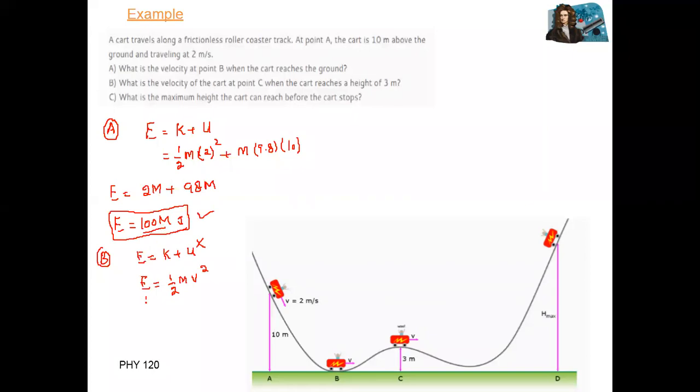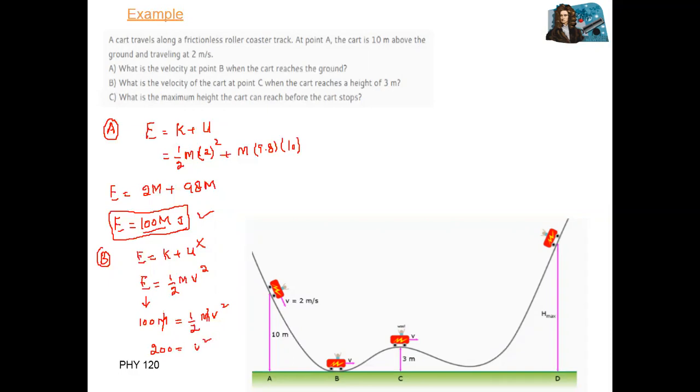So if you replace E with 100 times mass, joule equal to half mv square. So if you divide both sides by m cancel with m, 2 multiply with 100 equal to 200 and equal to what?